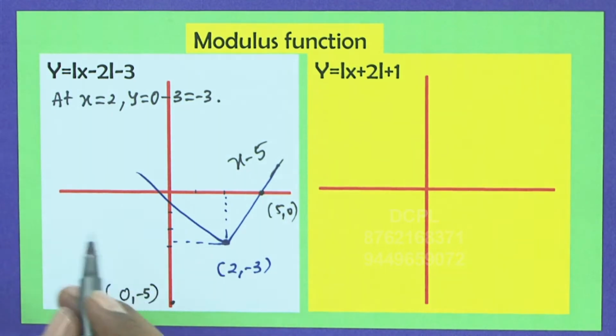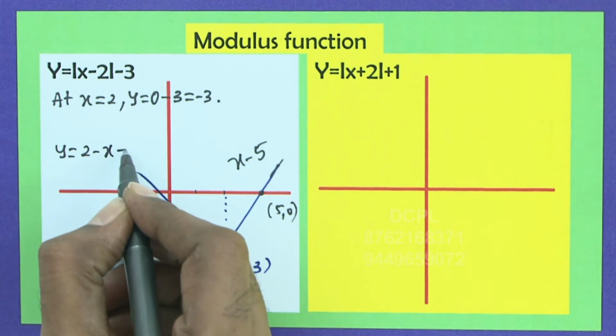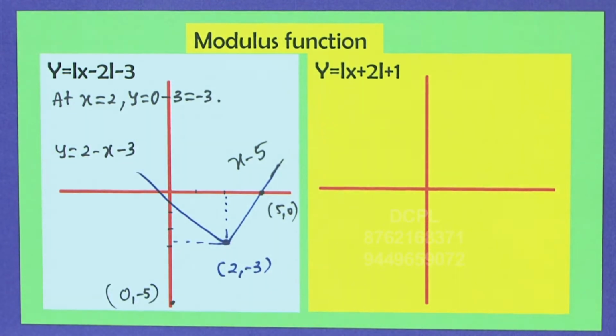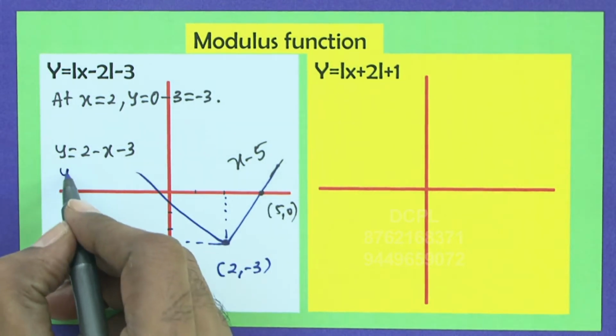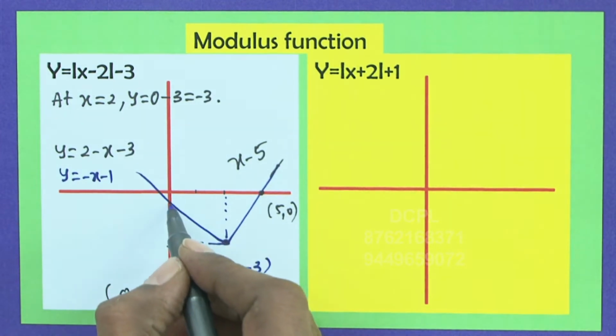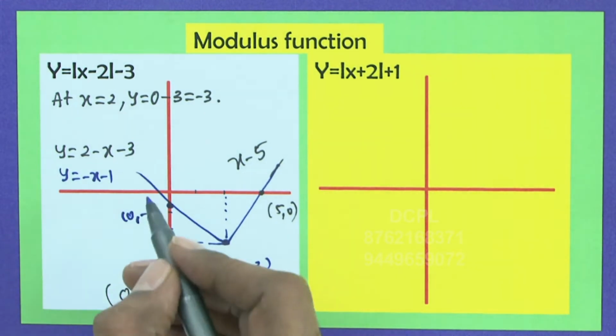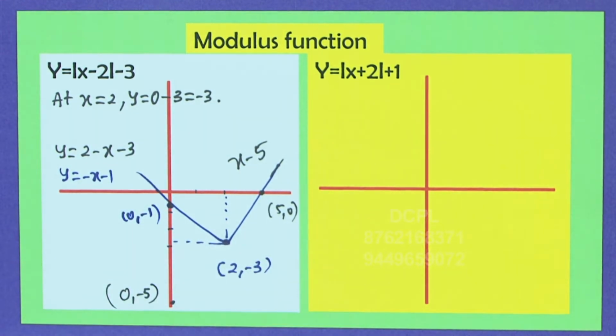This will become 2 minus x. This is y is equal to 2 minus x minus 3. So, that is minus x minus 1. Y is equal to minus x minus 1, passing through 0 comma minus 1, and of course, this is minus 1 comma 0 because that angle is 45 degree. So, y is equal to mod of x minus 2 minus 3, graph is like this.